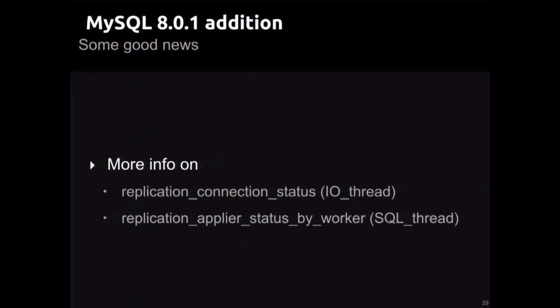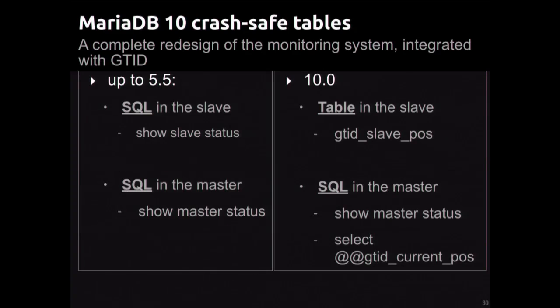In MySQL 8.0.1, we have a lot more information. So in replication connection status and replication applier status by worker, in addition to what is available in 5.7, there are a lot of timestamps that tell you what happened to that transaction along the way in its travel from the master to the slave.